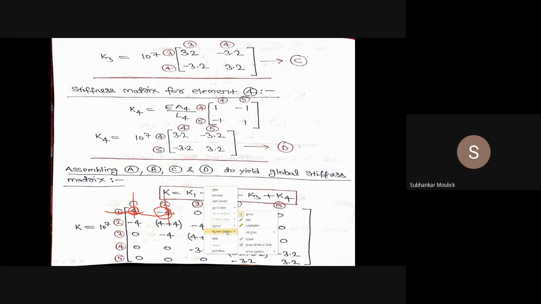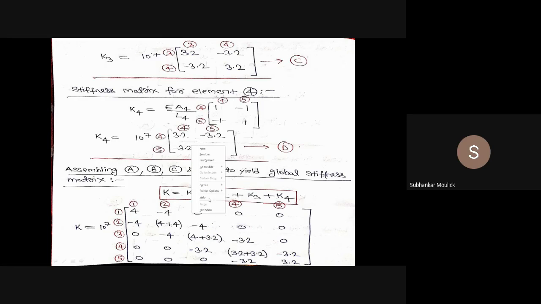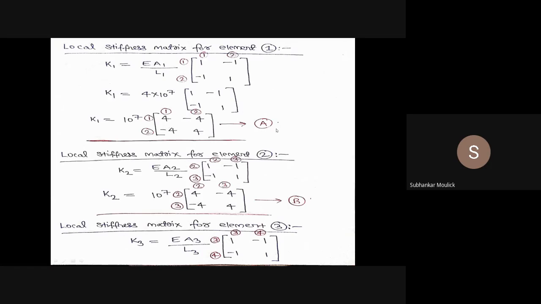Next is I need to get which value? I need to get this particular value. This particular value is first row, third column. So let us find out from equation number A. First row is there, but there is no third column.